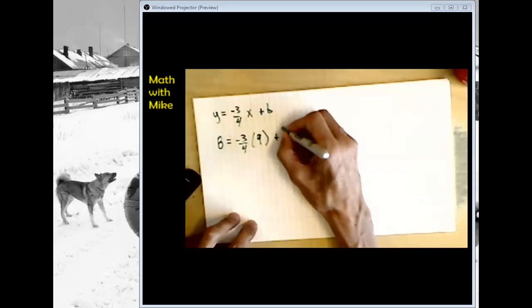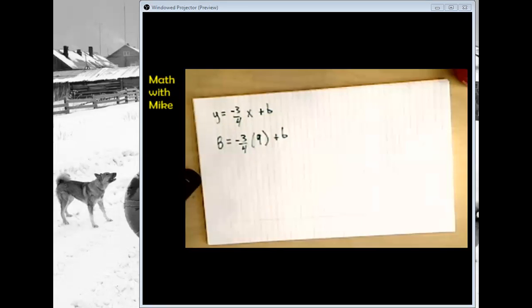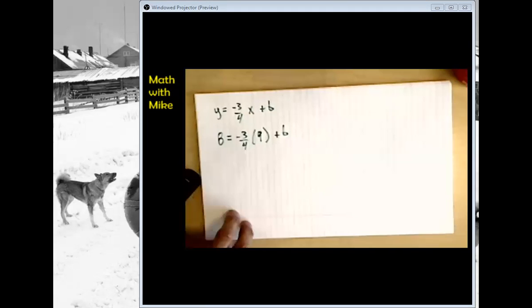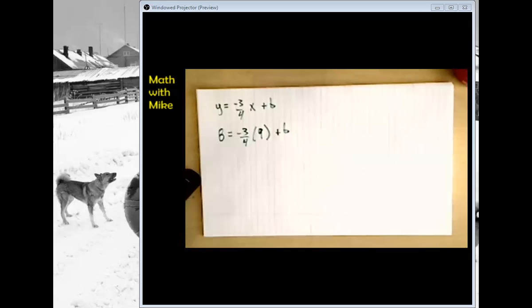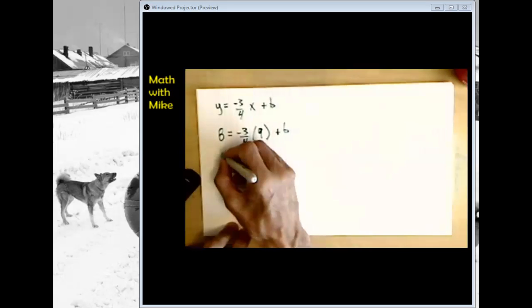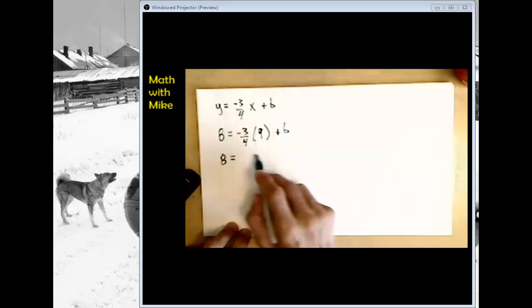And now we got to solve for b using the algebra that we know, and fraction work as well, I might add. So what do we get here? Well, on the left, it stays as 8. But on the right-hand side, what does this stuff work out to be?